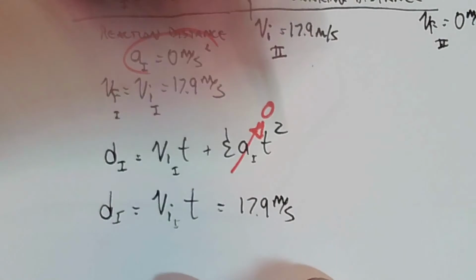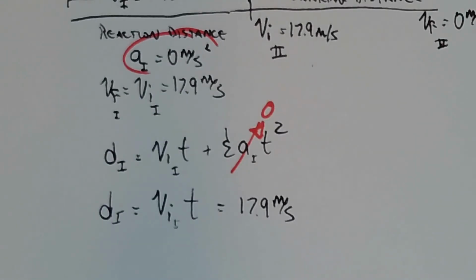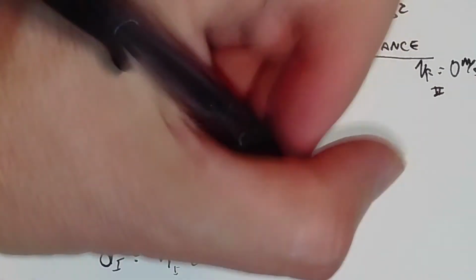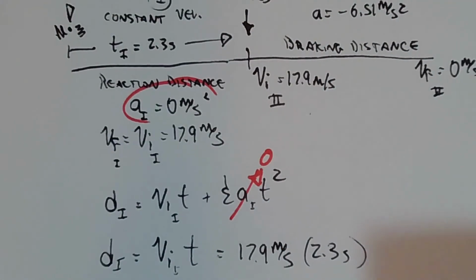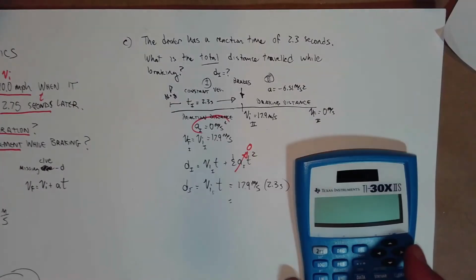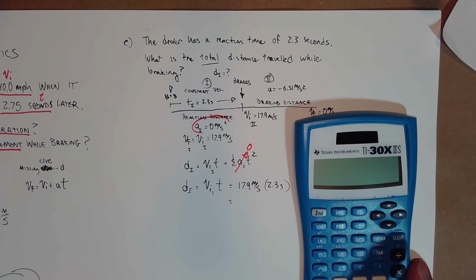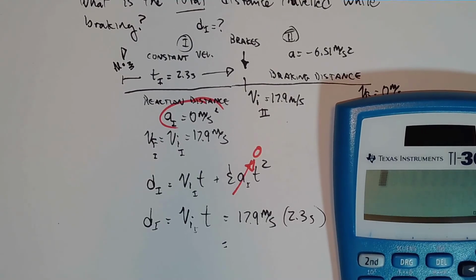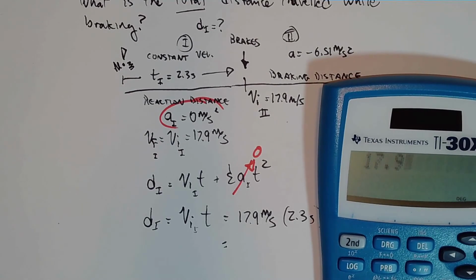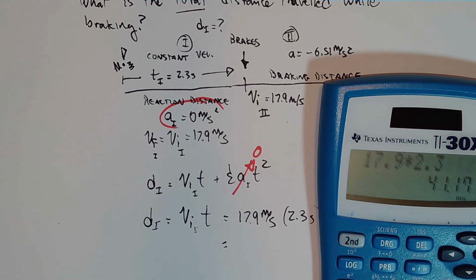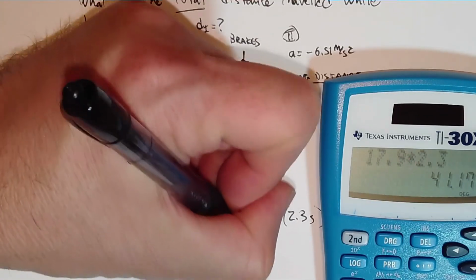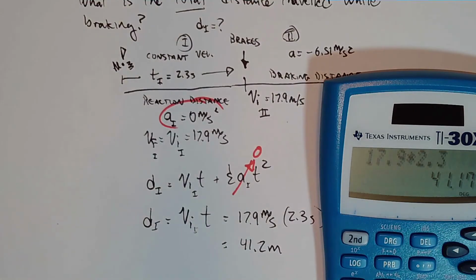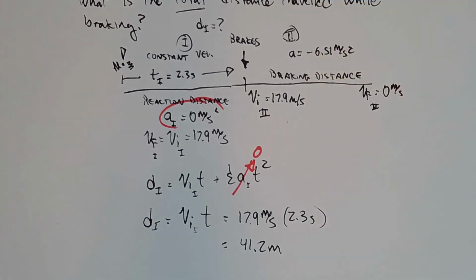So that's 17.9 meters per second. Reaction time is 2.3 seconds. So during the time before you even apply the brakes, you are going to travel 41.2 meters, which is actually a lot further than you travel when you brake.